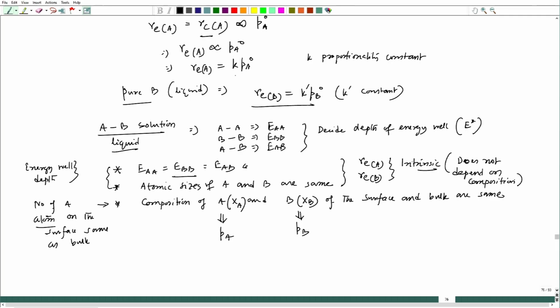Fine. So, now once we have that situation, since it is intrinsic, if we try to find out the relation of PA and PB with their respective pure condition saturated vapor pressure, that we can also find out.